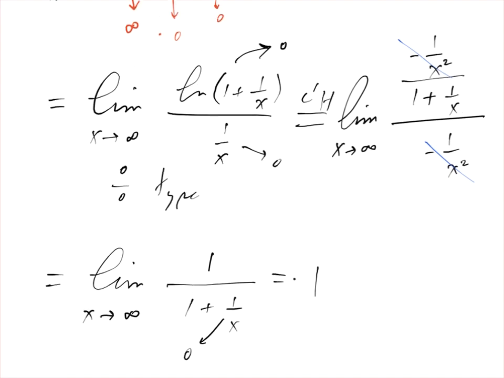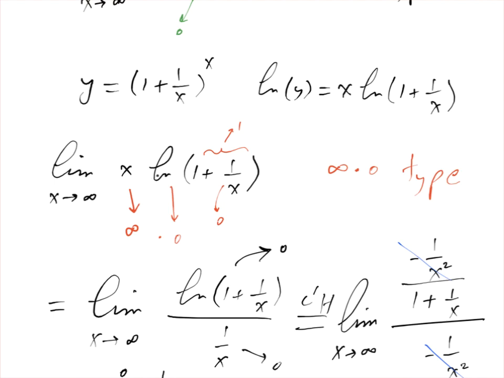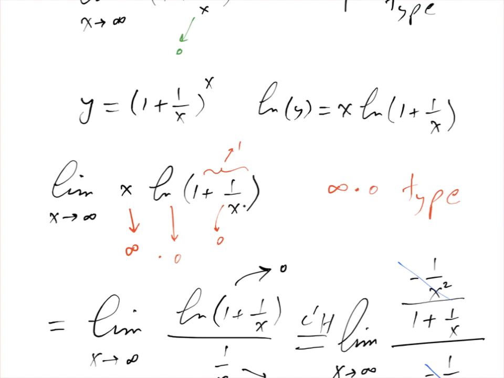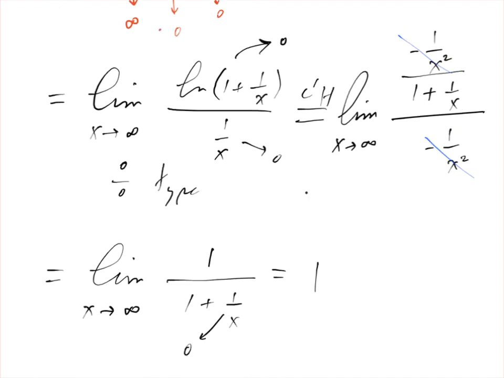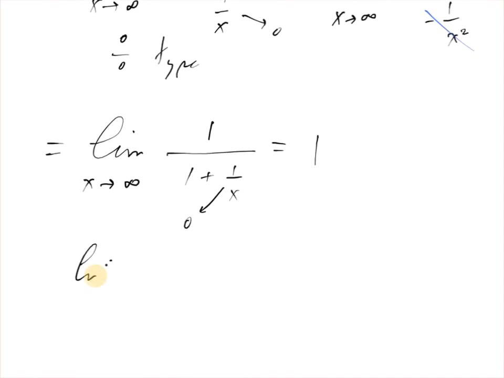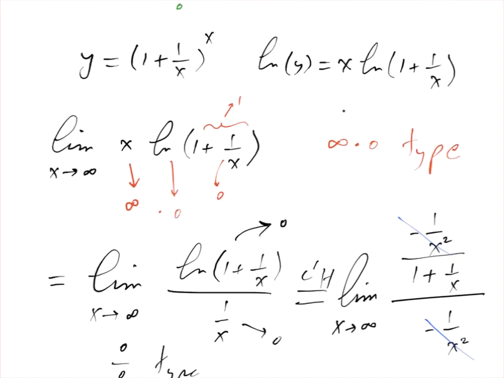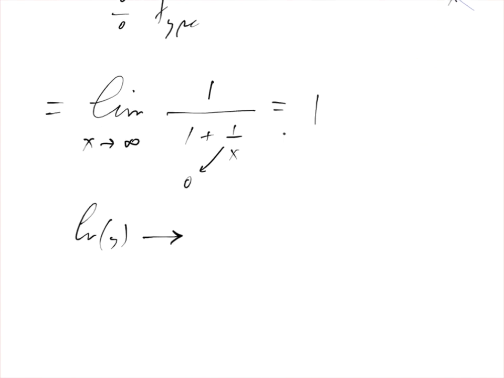Now, this was the limit of x times ln of 1 plus 1 over x, which is ln of y. So we have found the limit of ln of y. Because this limit we just did was ln of y, ln of y tends to 1.